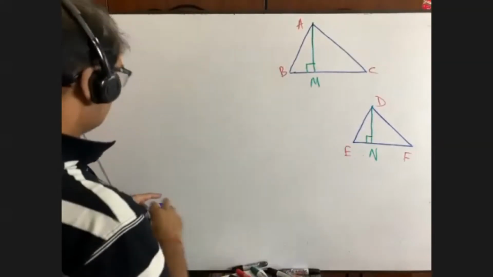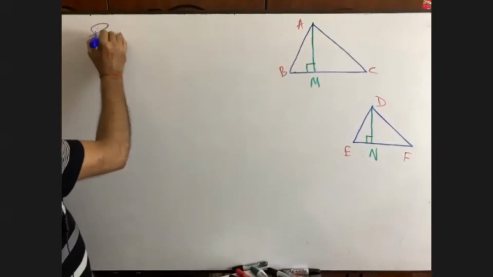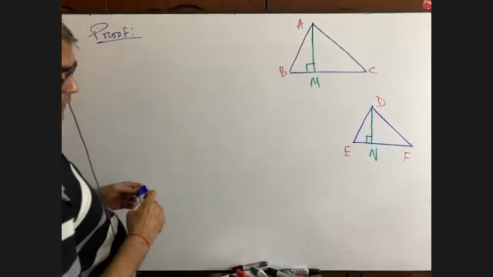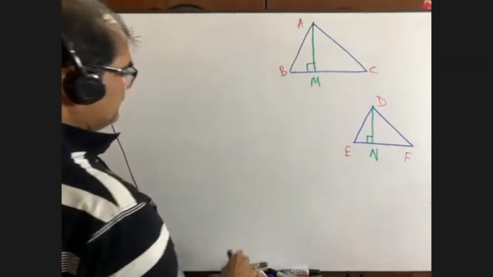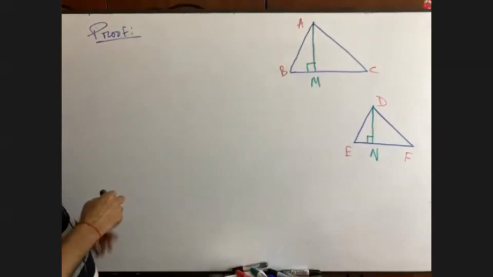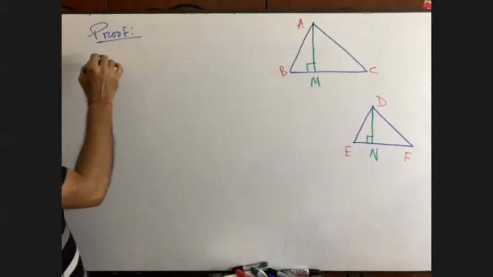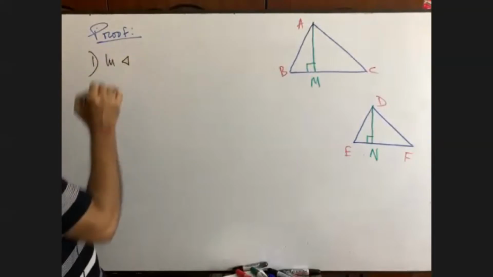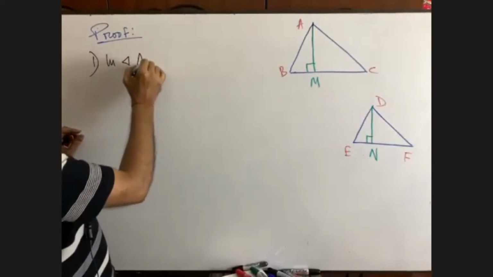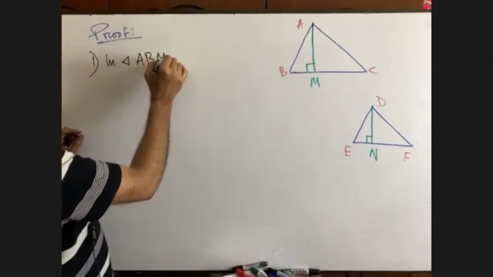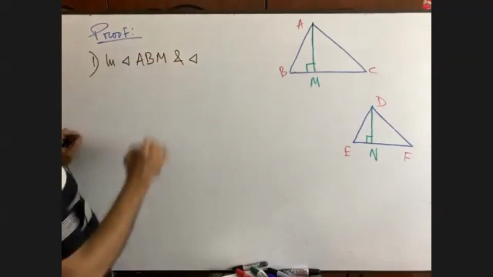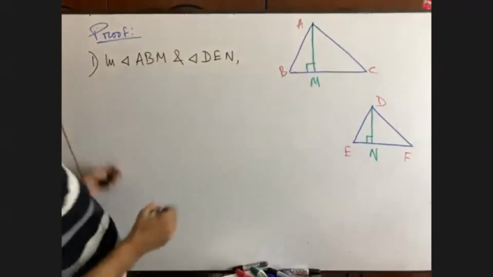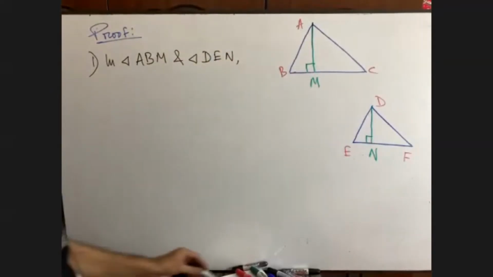Now we are going to the proof. In the proof, write down step 1. In triangle ABM and triangle DEN. What two triangles have I considered?